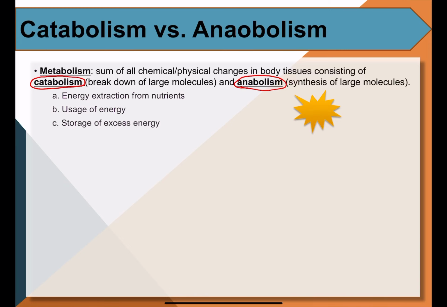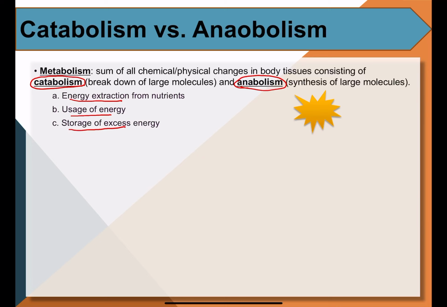So these processes include how we are able to extract energy from the nutrients that we ingest, how we use that energy, and how we are able to store any excess energy if we end up not needing to use them all at once.